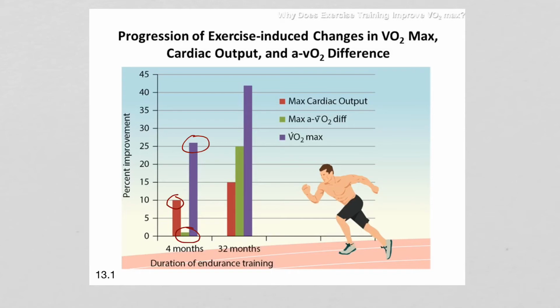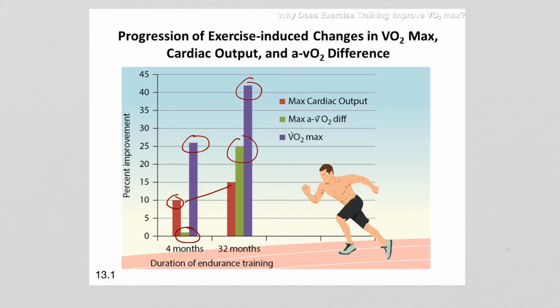However, after 32 months, we see another 17%, 16% increase in VO2 max. But this was accompanied by only an additional 5% in the maximum cardiac output. This time, the major difference came in the maximum AVO2 difference, which is a 25% increase.